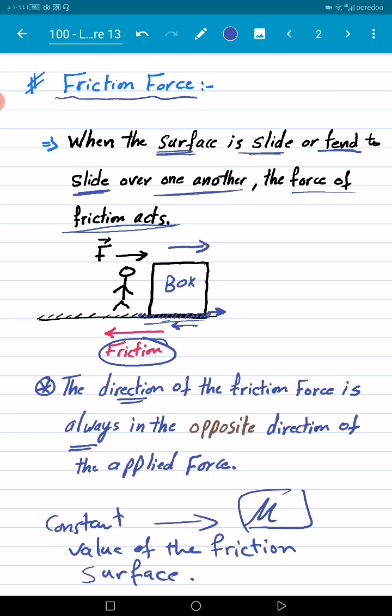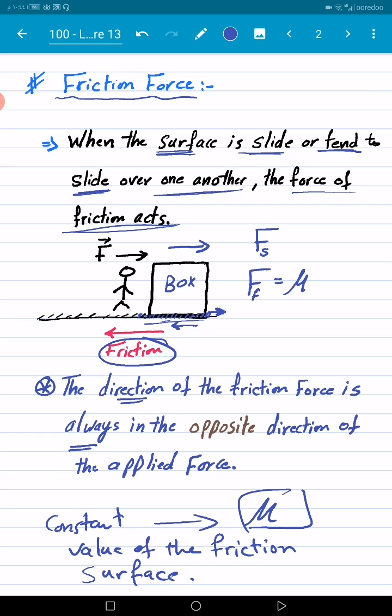And F, as a friction force, in some references is written as Fs. In our references, we write it as F small f, equal to mu.